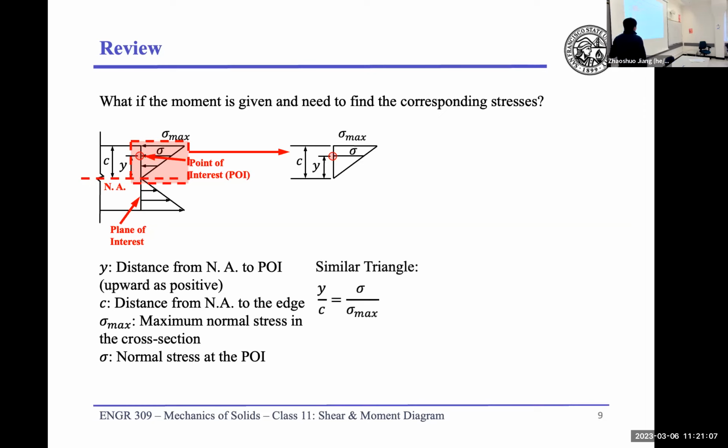Now, this triangle and the larger triangle are similar triangles, because they have the same angle, right? They share the same side. For similar triangles, the corresponding side ratio is the same, meaning that y over c is equal to sigma over sigma max. If we move the terms around, we can calculate our sigma as y over c times your sigma max.